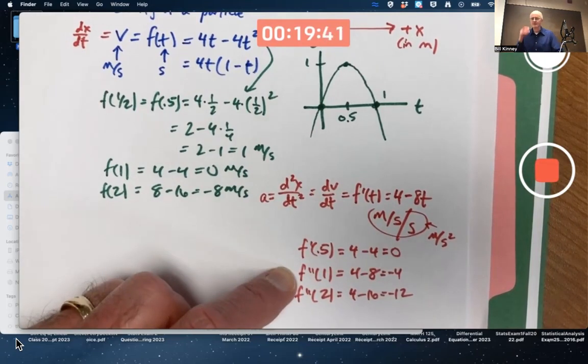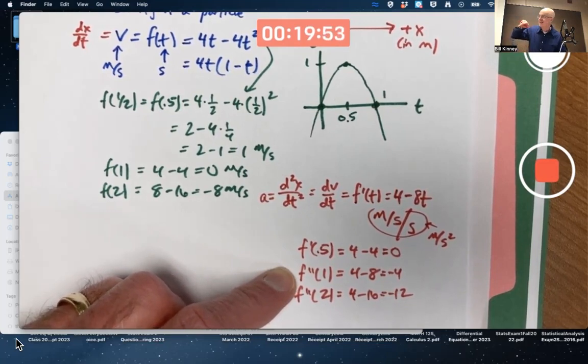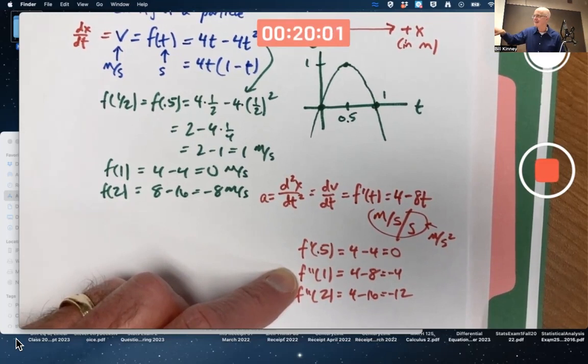At time 1, for example, your acceleration is -4 meters per second squared, meaning at that moment in time, you're going in the negative direction, you're actually speeding up at a rate of 4 meters per second every second if you kept speeding up at that same rate. Going faster and faster.